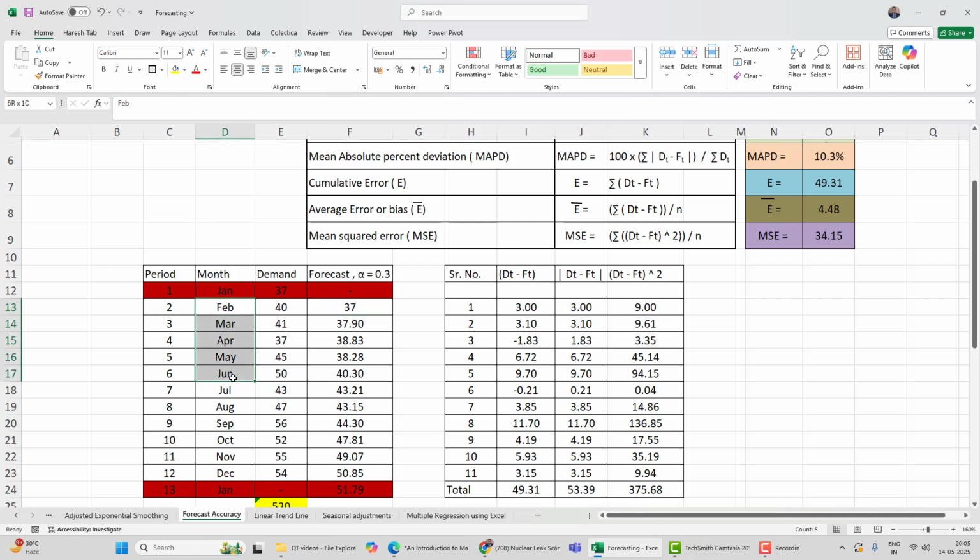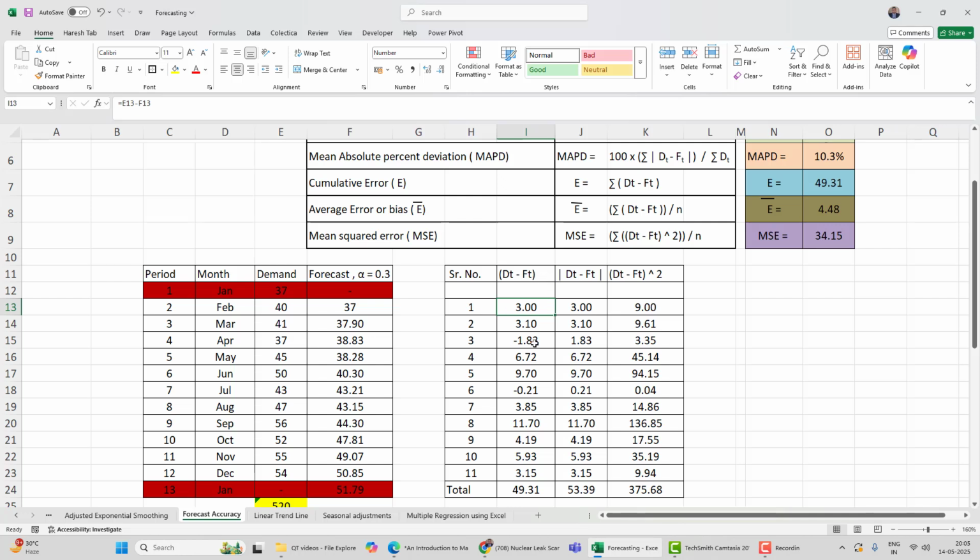So we are going to use these 11 pairs. For these we calculate the difference between the demand and forecast in the first column, which is purely the difference.